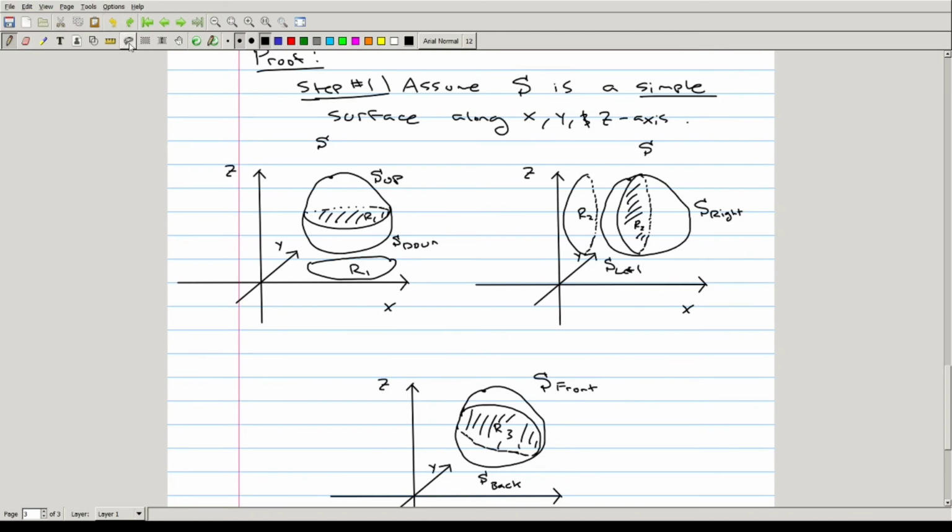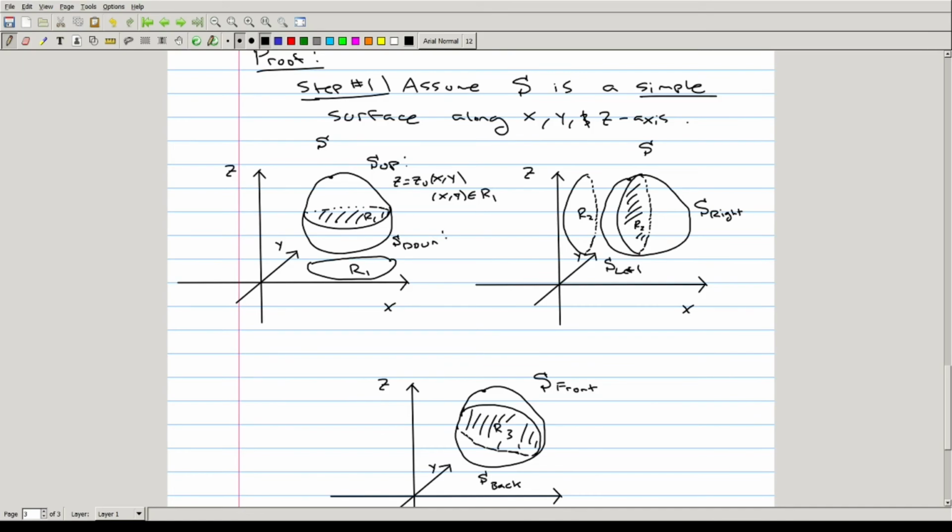So for instance, S up right here. The surface itself is the union of S up and S down, but S up is parameterized by z is equal to some function z_u of x and y for x and y in the region R1.